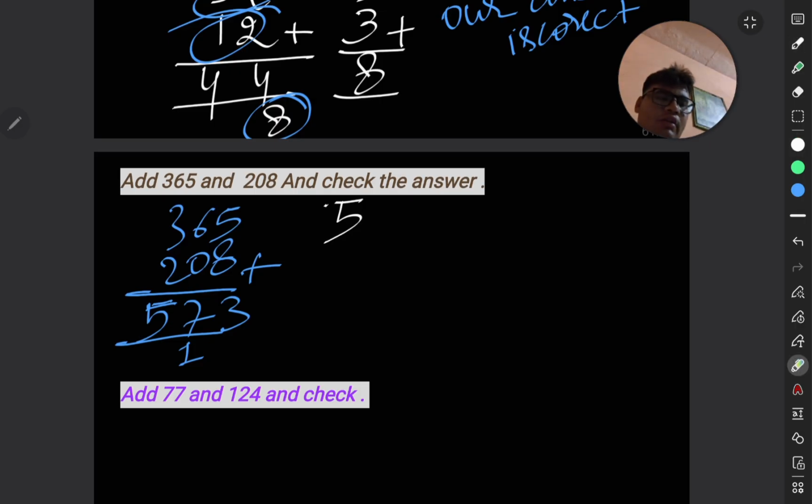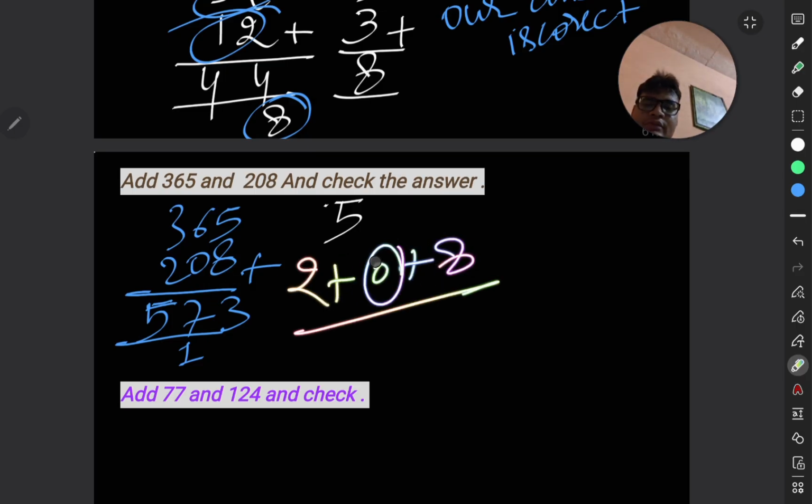Now we have to move on to the next number to find the digit sum. So here is 208. Here is 2 plus 0 plus 8. We will ignore this 0. We will add 2 plus 8, which will be 10.